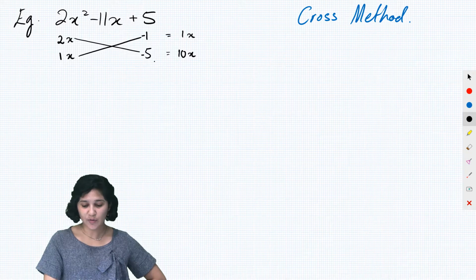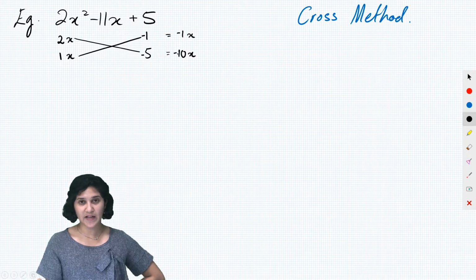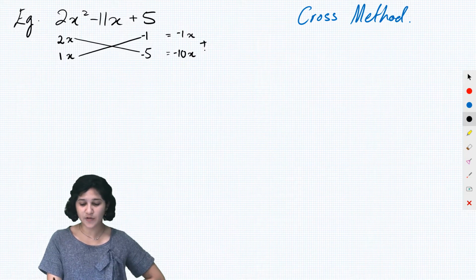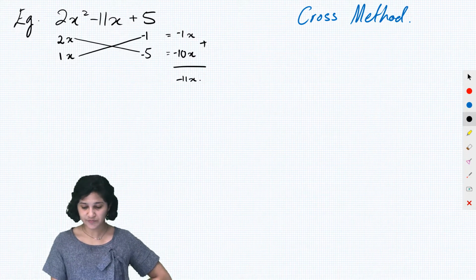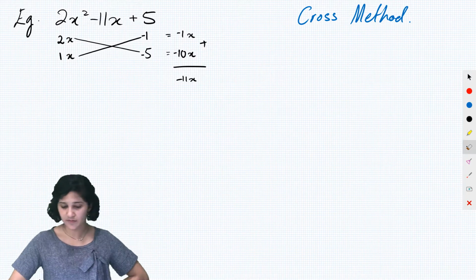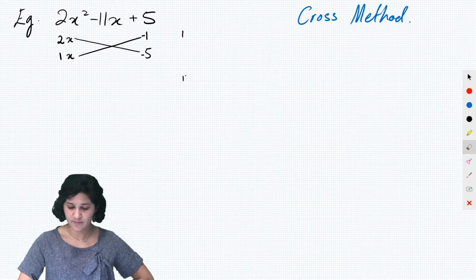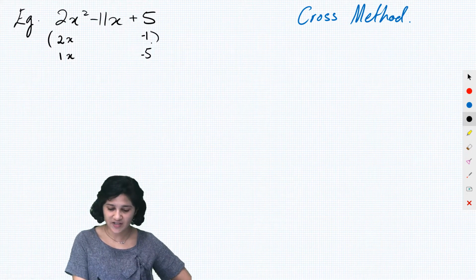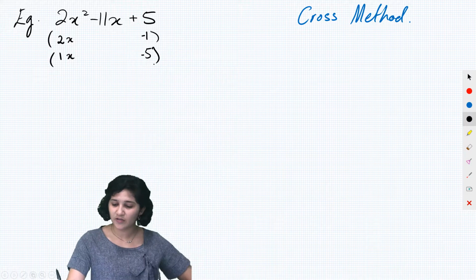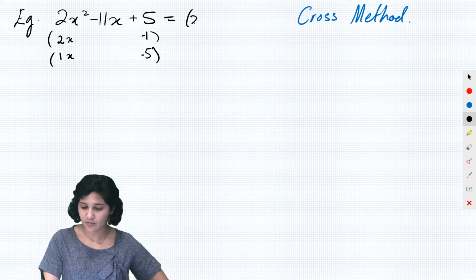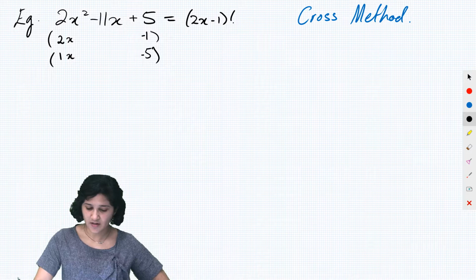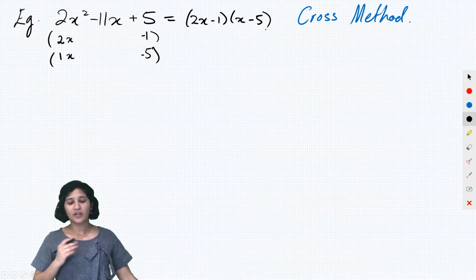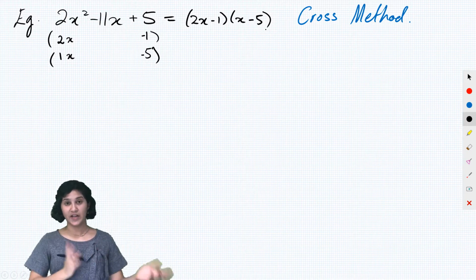So if it was -1 and -5, that would make each of these negative, and then I've got it correct. So these two add up to -11x, which means that I've got my factors, which are just these. So I can write 2x minus 1, x minus 5.